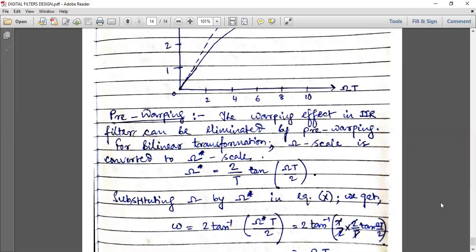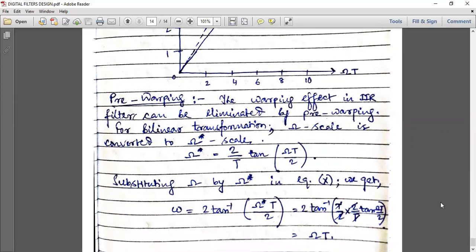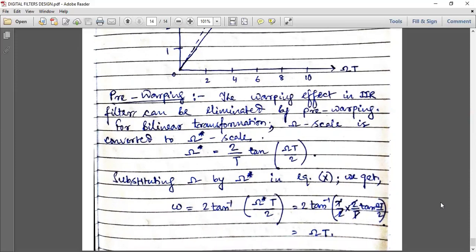Into T by 2, so T and 2 cancel out. So 2 tan inverse tan ohm T by 2, that is ohm T. Clear? So we get omega equal to ohm T. What does it mean? It means that the digital filter's magnitude response will satisfy the original specifications.